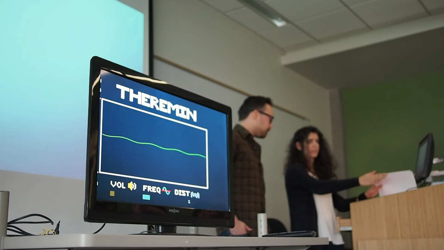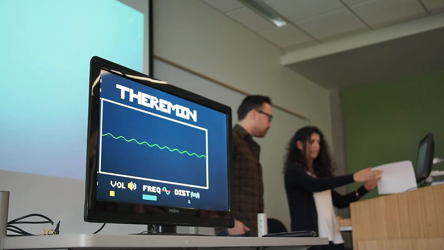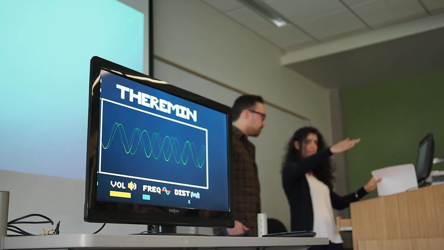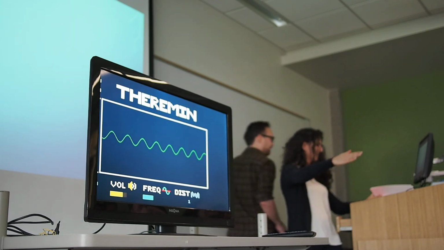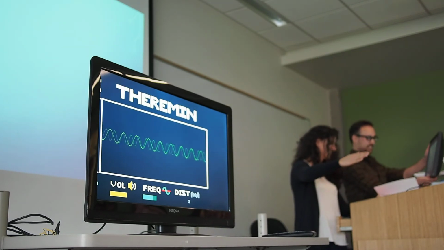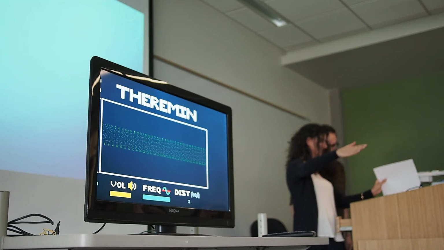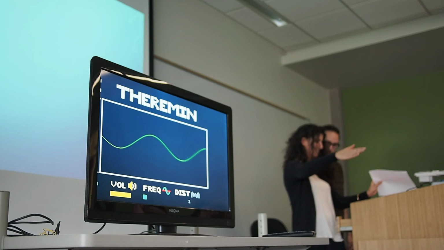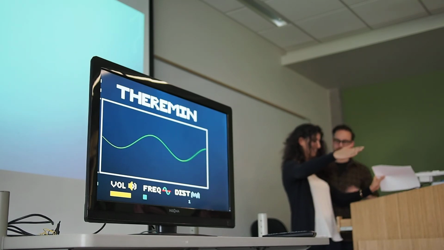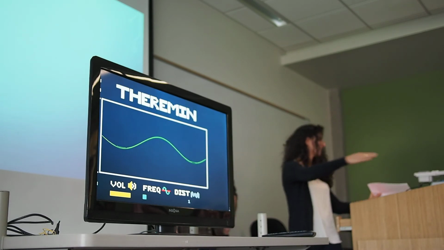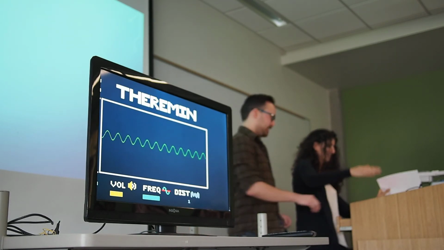Now the same thing without pitch correction. There's a lot of noise. See, no specific waves.